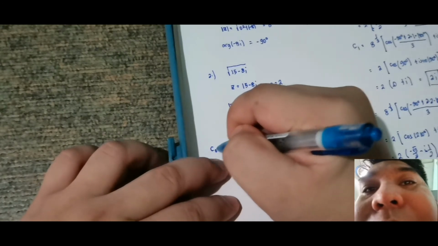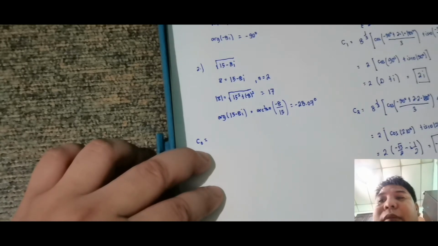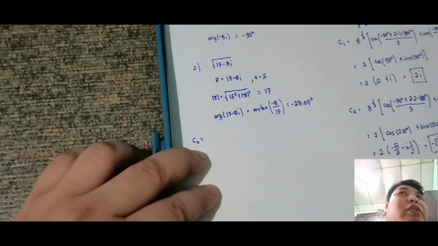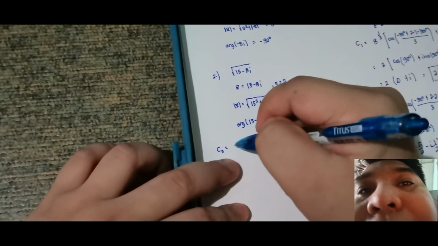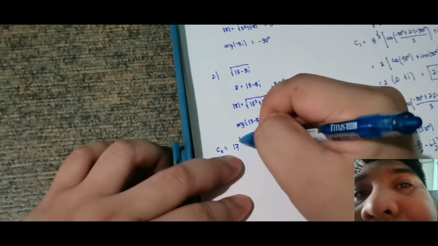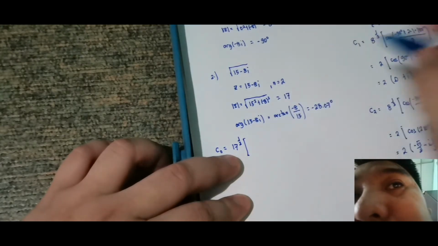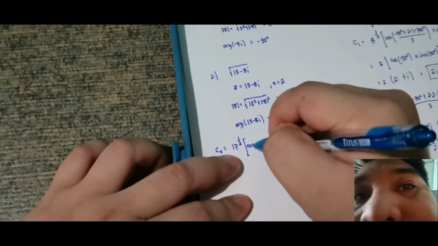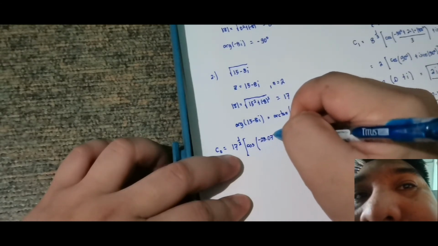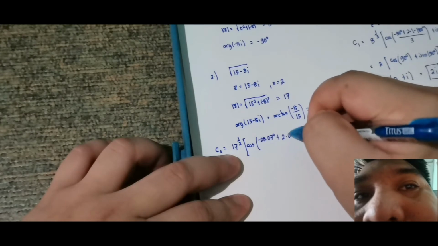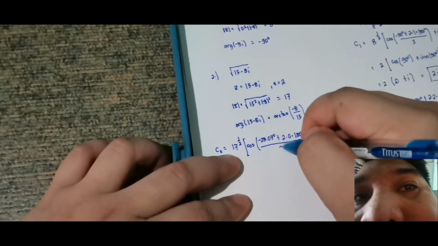So c sub 0. Okay, so hindi to exacto kasi may decimal eh. Hindi natin nakuha yung buong decimal. So probably, nasa 3 point something lang to. Or approximately makukuha natin saktong sagot. So this is modulus. This is 17 raised sa 1/2, then multiplied by cosine ng negative 28.07 degrees plus 2 times 0 times 180 degrees all over 2 lang.